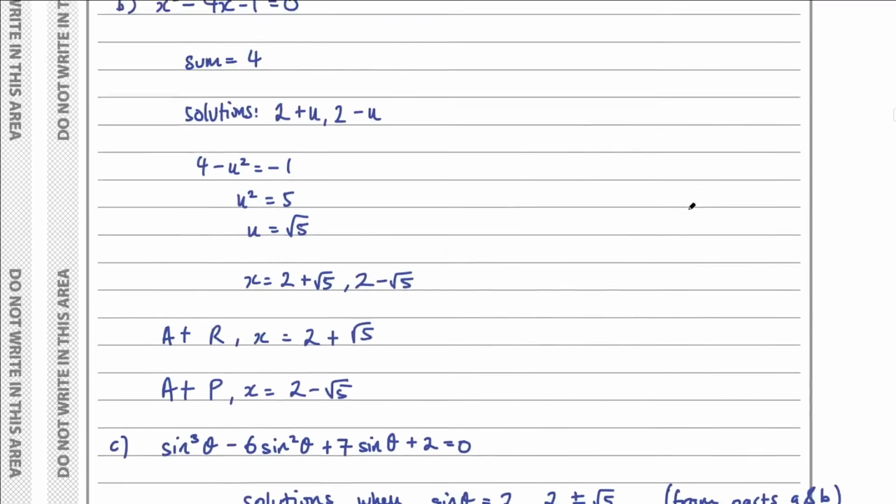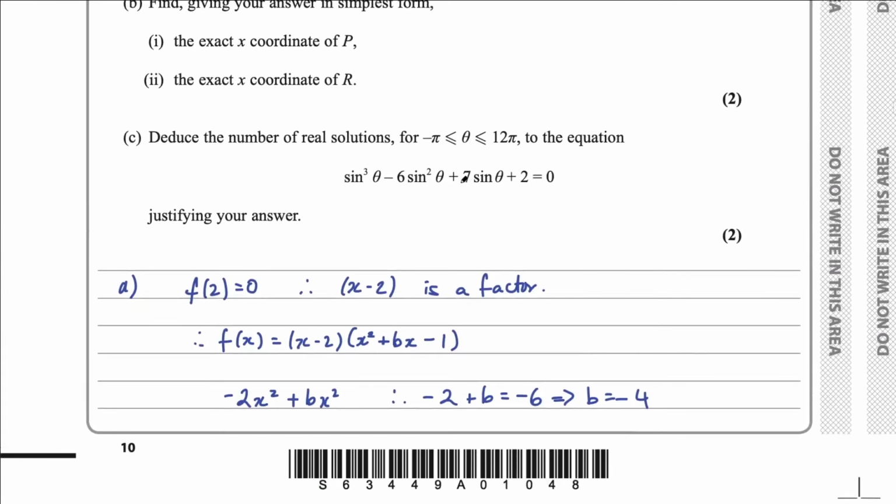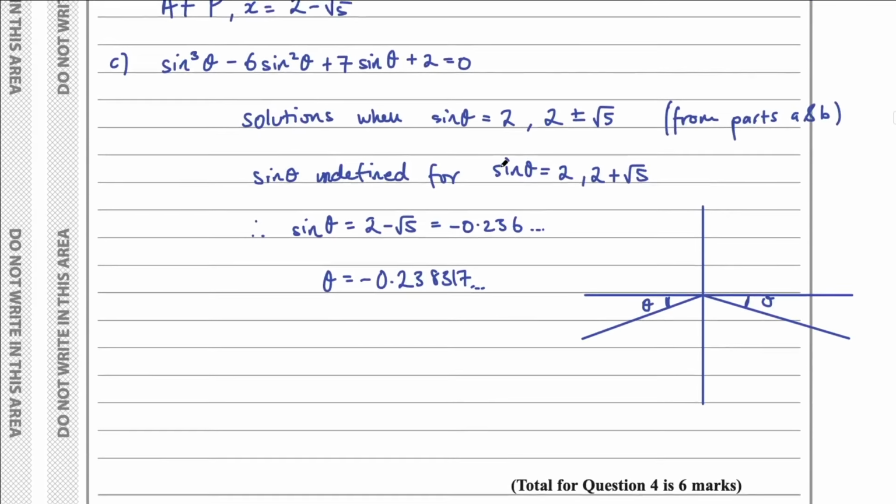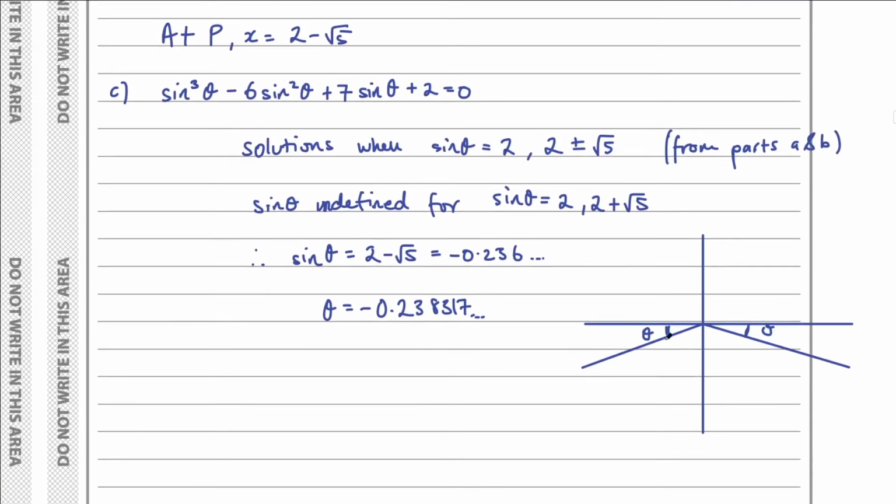Now let's just go back to the question quickly and reassess. So they've asked us to deduce the number of real solutions for theta between negative pi and 12 pi. So let's go back to our diagram again. So what does this mean if we have these two angles between 0 and 2 pi? If we start at 0 and go around to 2 pi, we would have this solution here and then this solution here.